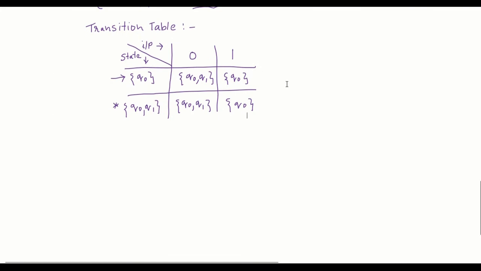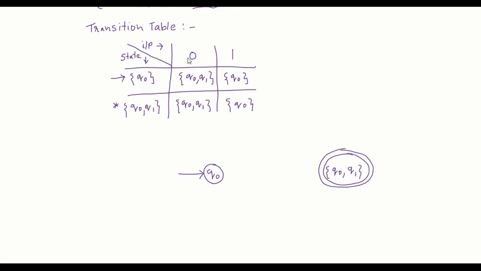Finally, keeping this transition table as reference, we have to draw the final DFA. As we can see, the DFA will have only two states. Q0 will be the initial state, and Q0 Q1, which is a subset state, will act as the final state of the DFA.